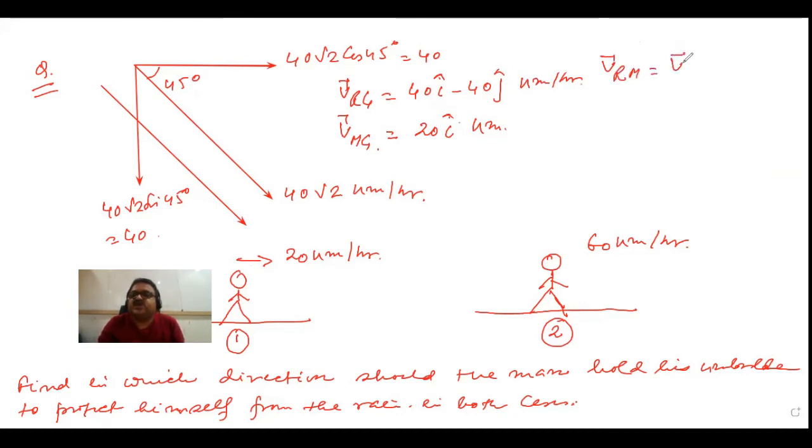That is velocity of the rain with respect to the ground minus velocity of the man with respect to the ground. That is 40 i cap minus 40 j cap minus 20 i cap. If I simplify the result, I will get 20 i cap minus 40 j cap, okay, kilometer per hour.